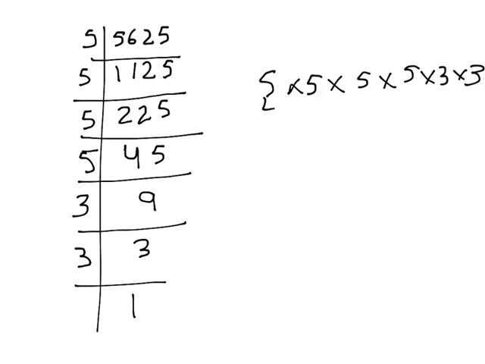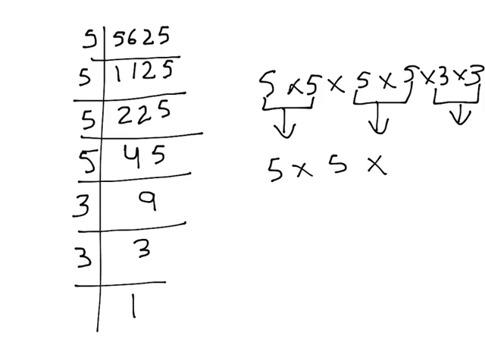Let's make the pairs: one pair of 5, a second pair of 5, and another pair of 3. Now let's multiply: 5 times 5 is 25, and 25 times 3 is 75. So 5625 is a perfect square of the number 75.